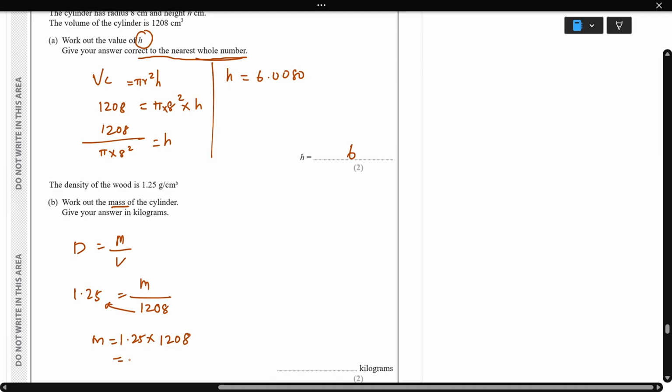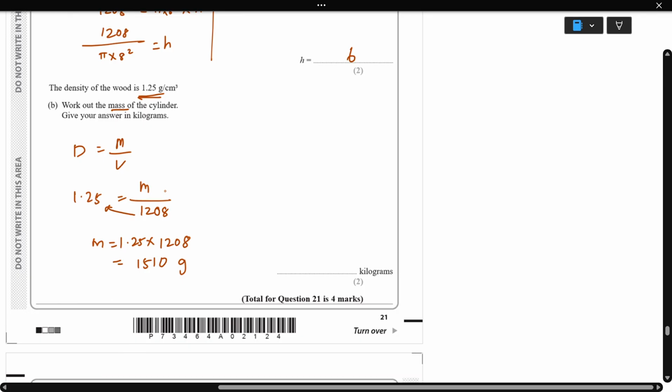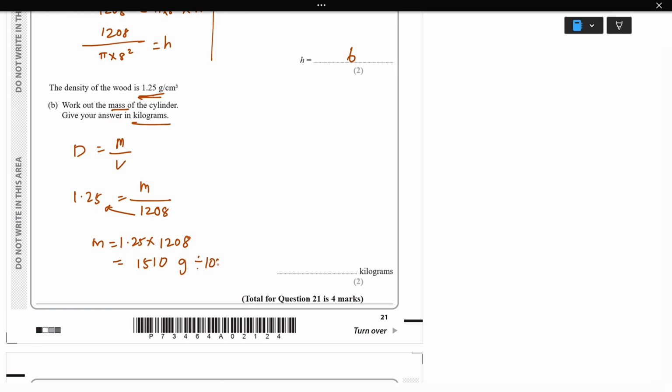So the mass is going to be 1510 grams, because the question is given in grams. But our answer needs to be in kilograms. Gram to kilogram, we need to divide by 1000. So the answer is going to be 1.51 kilograms. So the final answer is 1.51.